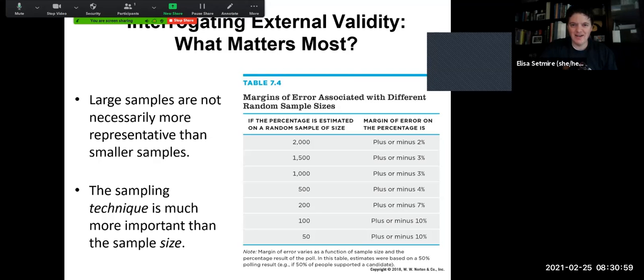I know this is research methods, but if you ever take a human sexuality class, you would learn about Kinsey. Kinsey is a very famous researcher who studied sexuality, and he had these incredibly large samples. He would ask everyone, just thousands upon thousands of people, but the techniques that he used were really not random at all.